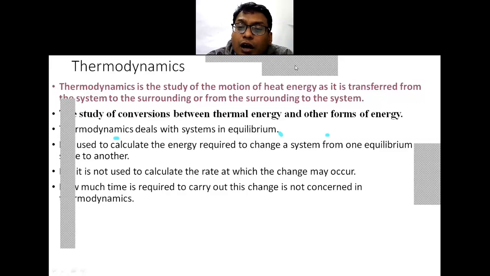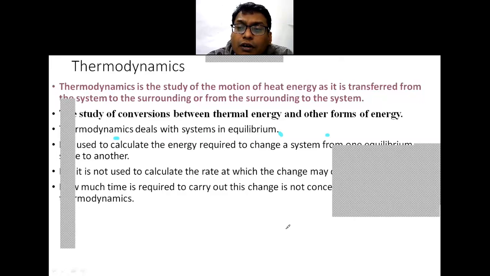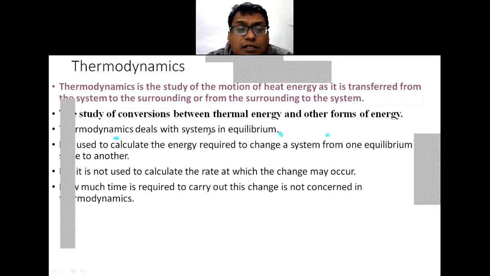However, in case of heat transfer, it is the study of the change that is taken into account. Thermodynamics deals with the system in equilibrium. It is used to calculate the energy required to change from one equilibrium state to another equilibrium state.